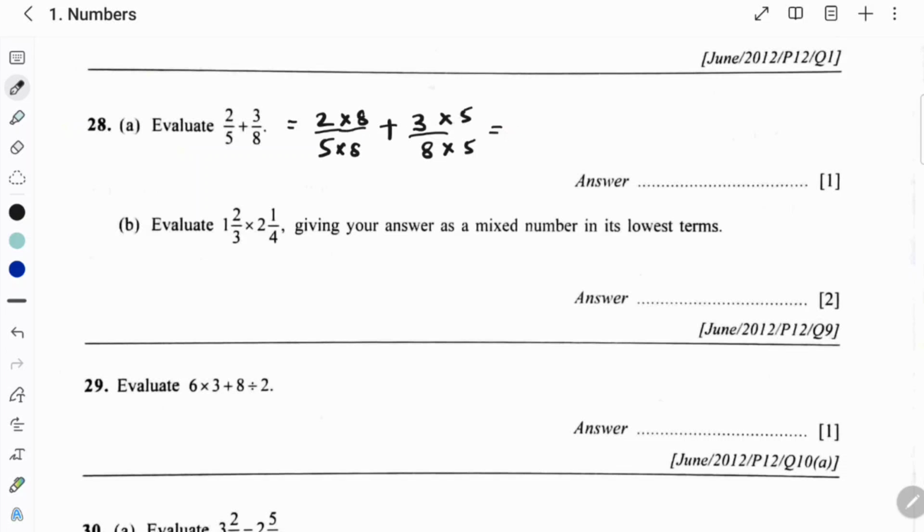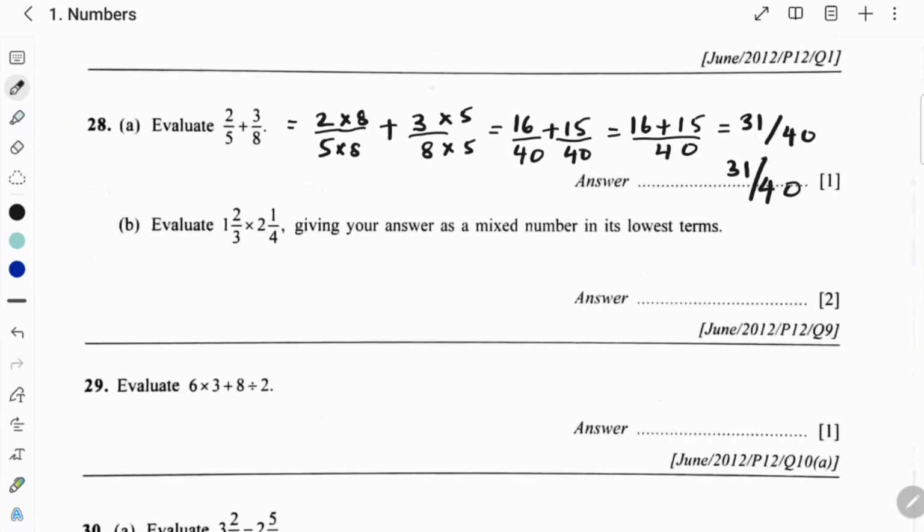Okay, so 2 times 8 is 16 and 3 times 5 is 15 upon both the denominators. I made them equal. So now 16 plus 15 upon 40. 15 and 15 is 30, 16 and 15 will become 31. 31 over 40 is the answer for this question.